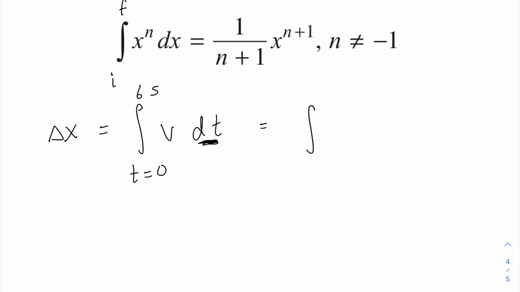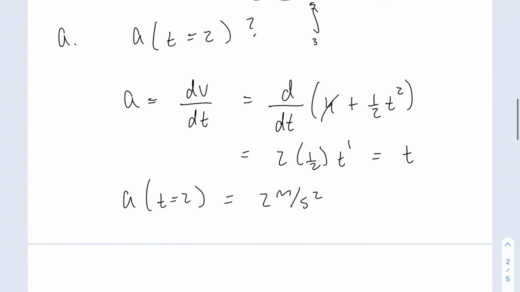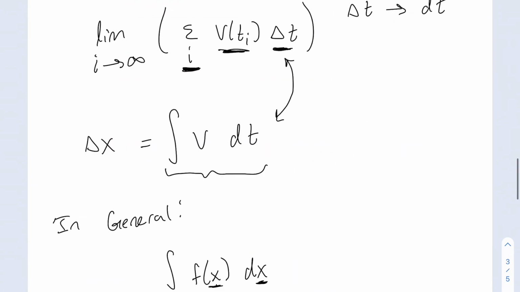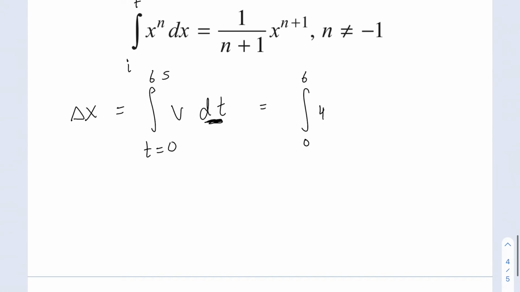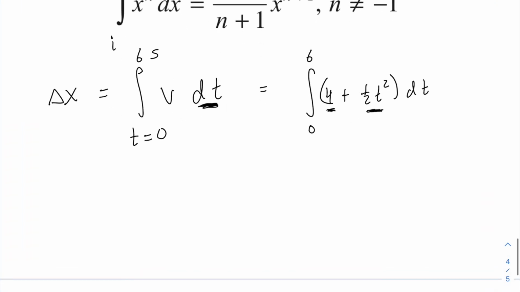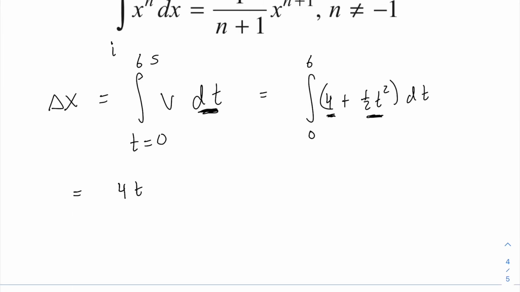All right, so let's plug in our function. We have the integral from 0 to 6 of, our function is 4 plus 1/2 t squared. And just like before, we can tackle these terms one at a time. If we take the integral of the first term, it's just going to be 4t, okay?